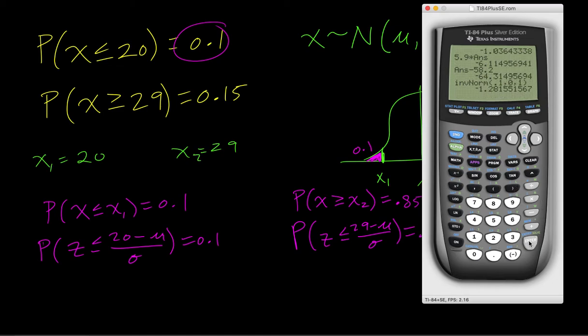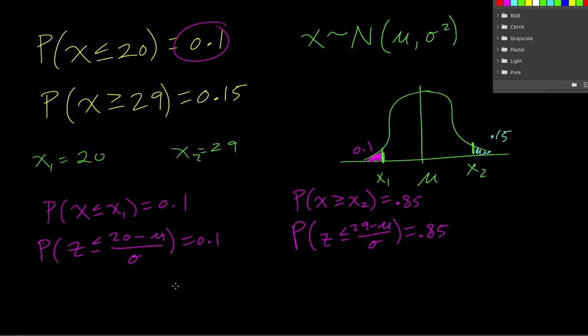So we get negative 1.28. Okay, so 20 minus mu over sigma is equal to this, and this is like for z1 value.